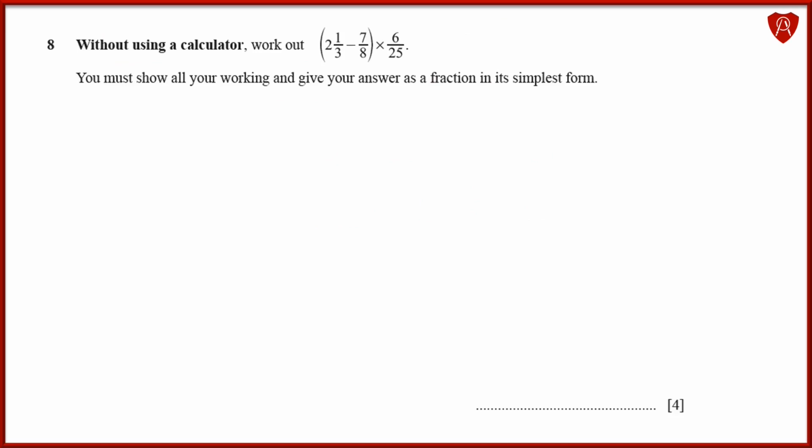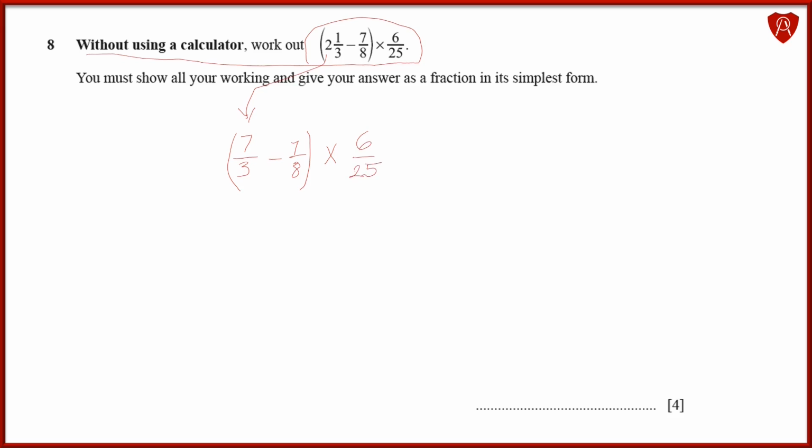Without using a calculator, work out. First, we need to write this as a top-heavy fraction. 3 times 2, 6, plus 1 gives 7 over 3, minus 7 over 8. Then we multiply with the fraction outside the brackets.